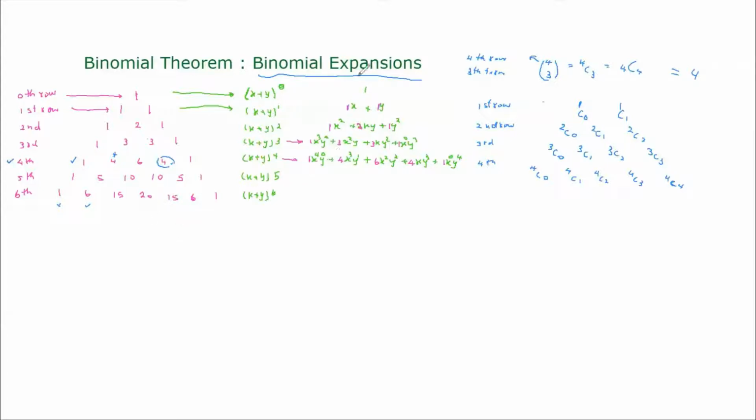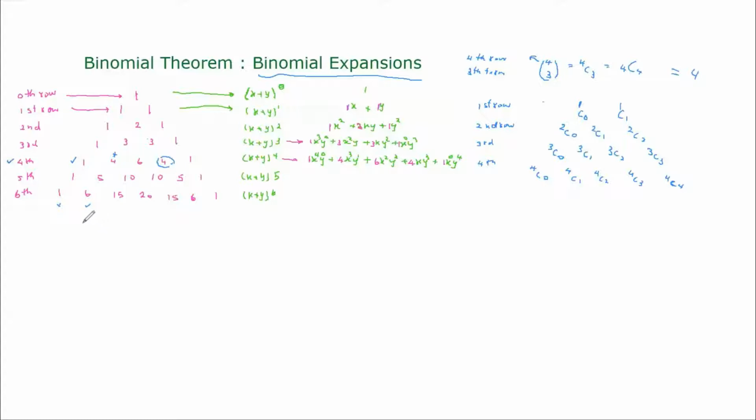And then I can explain a little bit how it works, okay? So now we can get the binomial theorem formula, which becomes this one, okay? This is a formula which is obtained from the Pascal triangle.